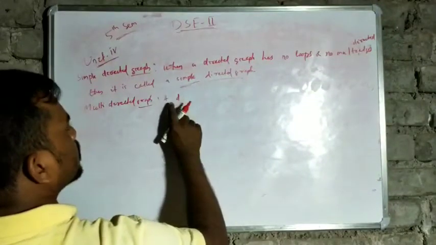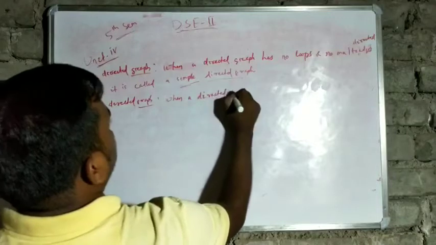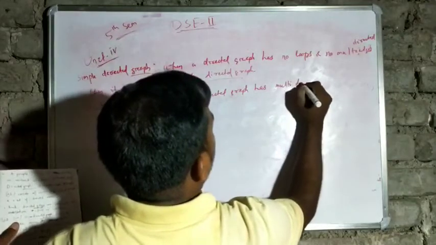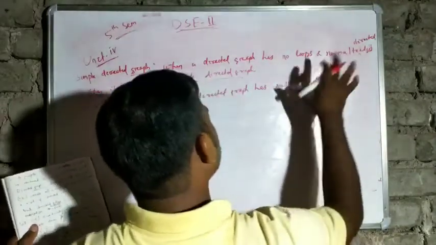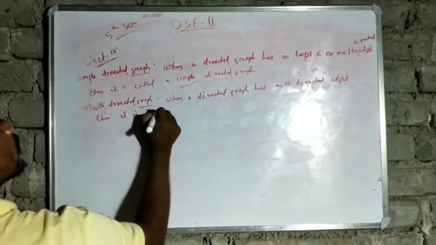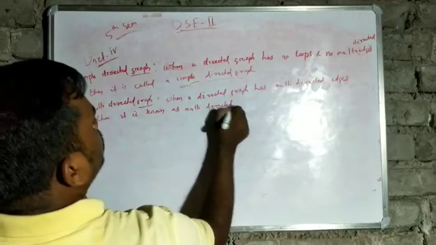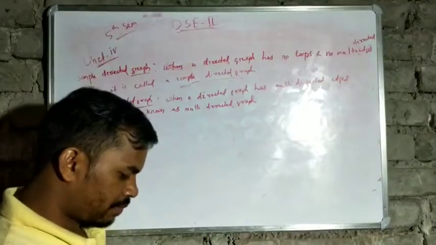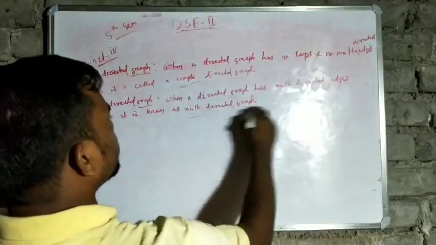When a directed graph has multi-directed edges, then it is known as a multi-directed graph.